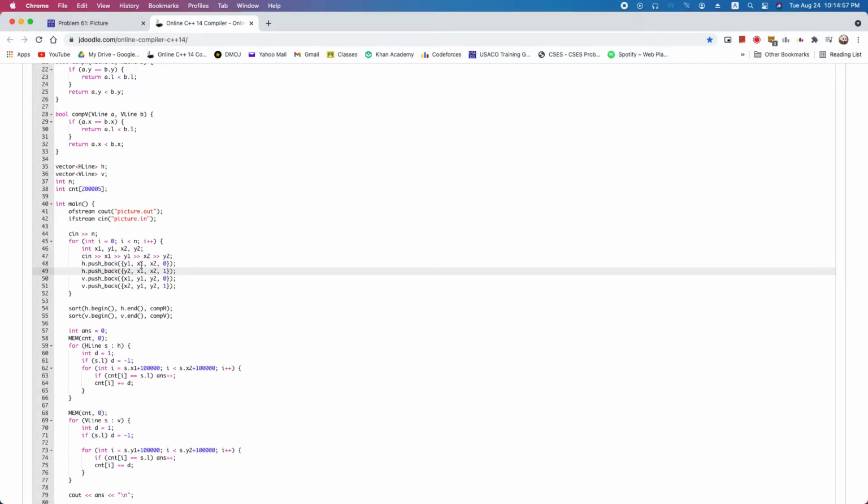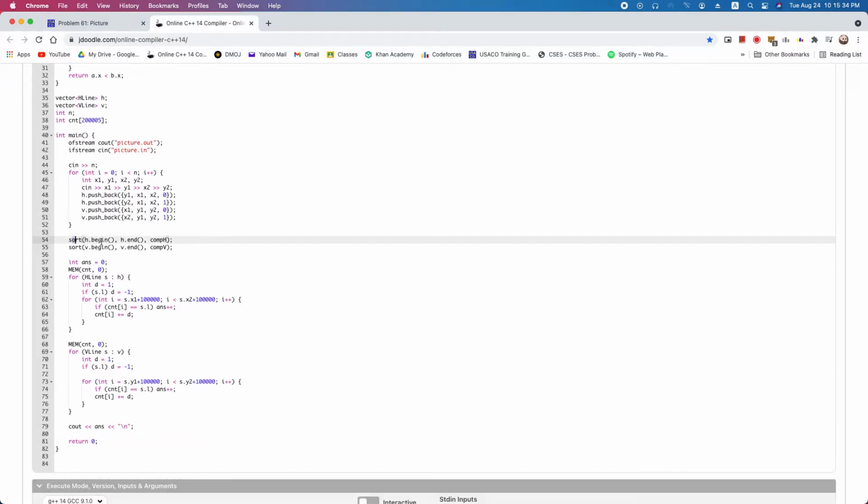So these two horizontal lines both have starting and ending x position of x1 and x2, and the starting line should have the smaller y coordinate, so it should have y1, and then the second one should have y2. And then here we have to set this to 0 and 1. This is also the same for vertical lines, but here we swap the coordinates, so you have y1 and y2, and then x1 and x2 here, but also 0 and 1.